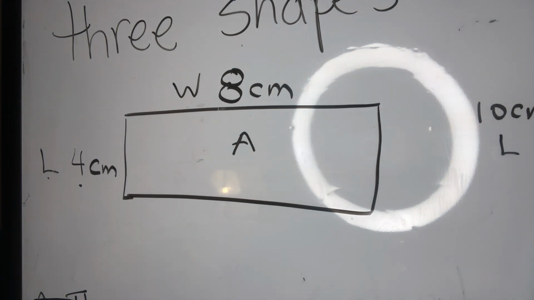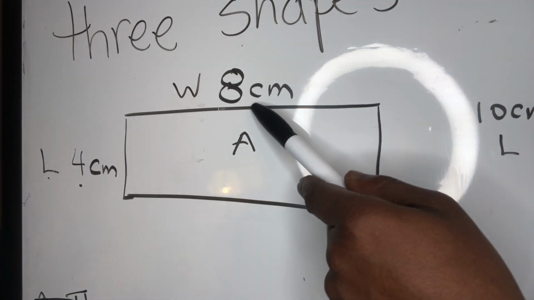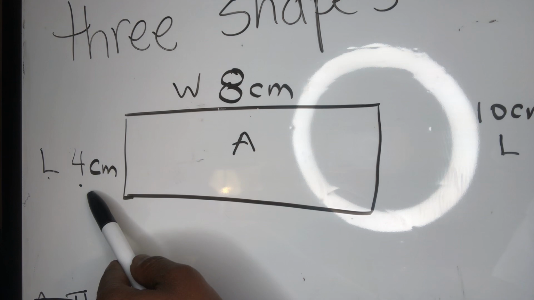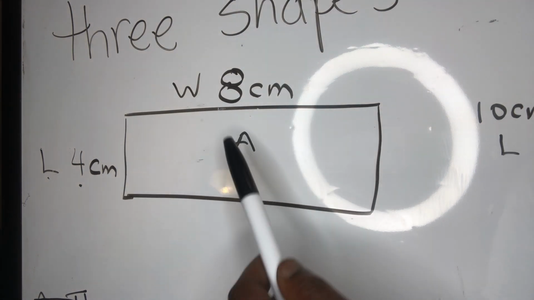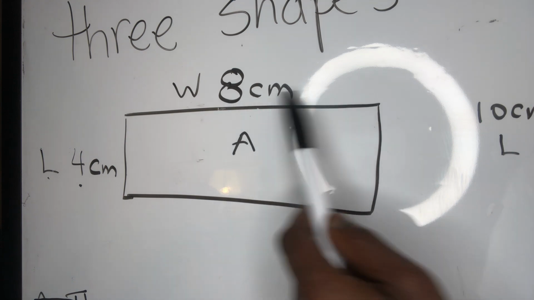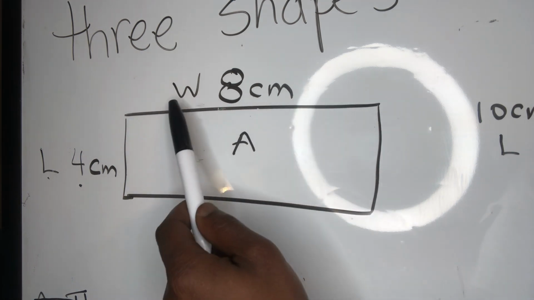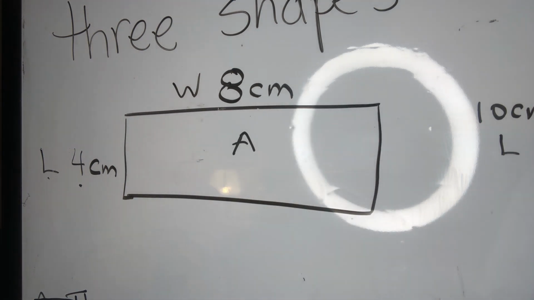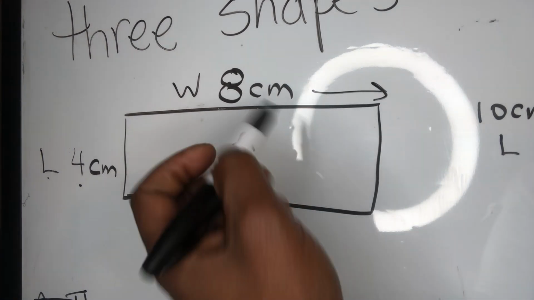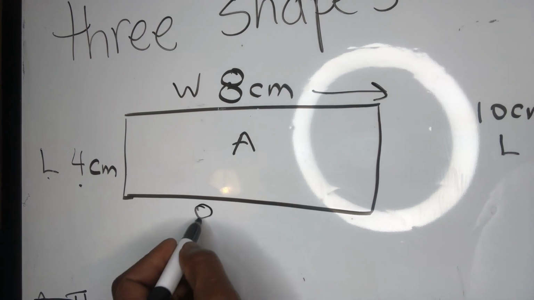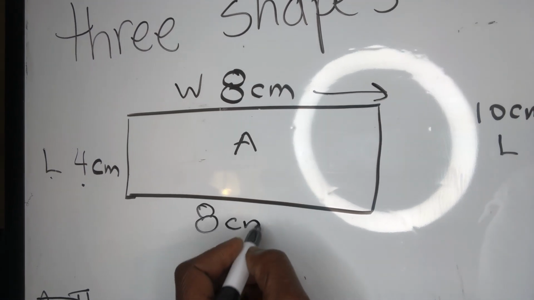When you see a shape and they give you the measurements, as you see, we have 8 centimeters here and we have 4 centimeters there. But we do not have any measurements here. So you are supposed to assume that they reflect each other. So whatever number is here, which is your width, going across this way, then they are to be identical in size. So that would be 8 as well.